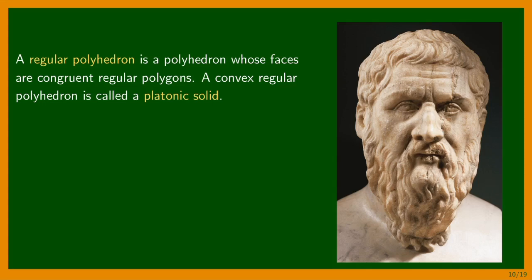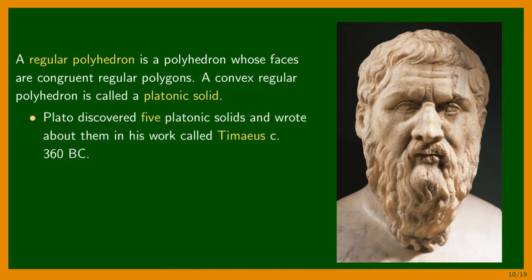And it was named after Plato because Plato was one of those who worked on discovering different types of solids that has this property. Inalam niya, no? And he discovered 5 Platonic solids in his time and wrote about them in a paper, no, called Timaeus around 360 BC.